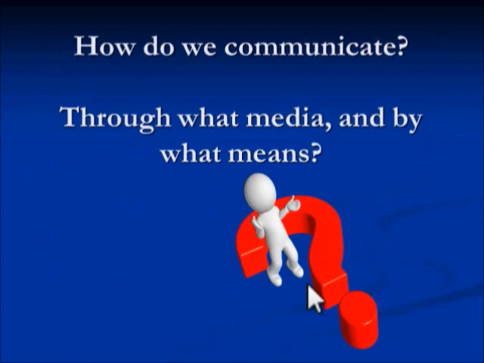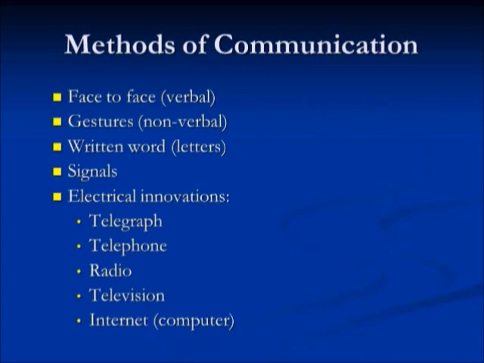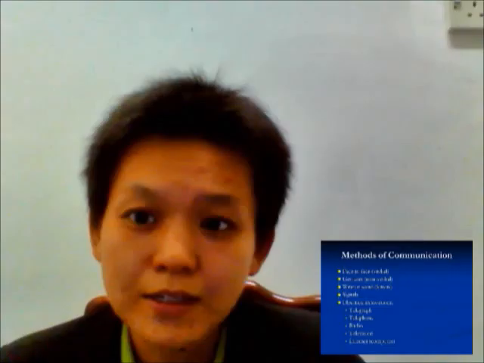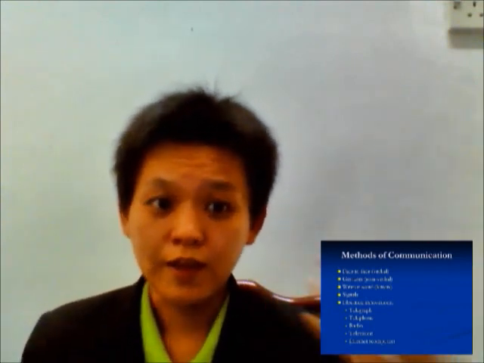Okay. How do we communicate? Through what media and by what means? The methods of communication: in the past we would communicate face to face, like we have the normal class and we talk here and there.